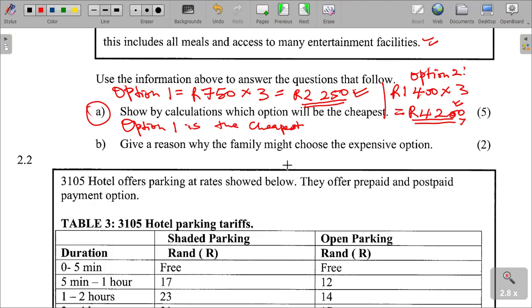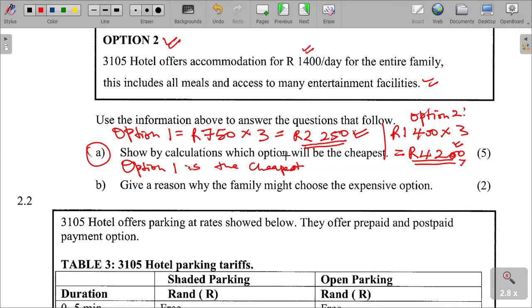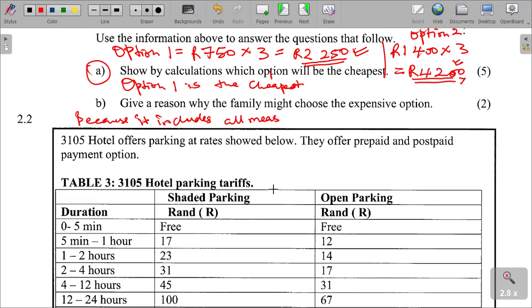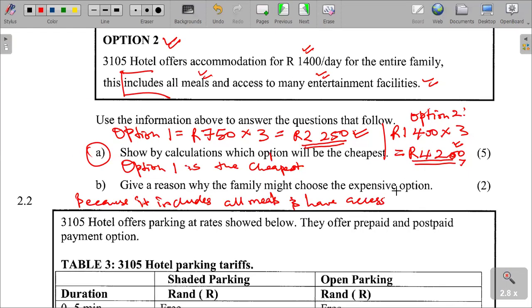Option B, which is option two, is more expensive, but it includes all meals and access to many entertainment facilities. That is the reason.